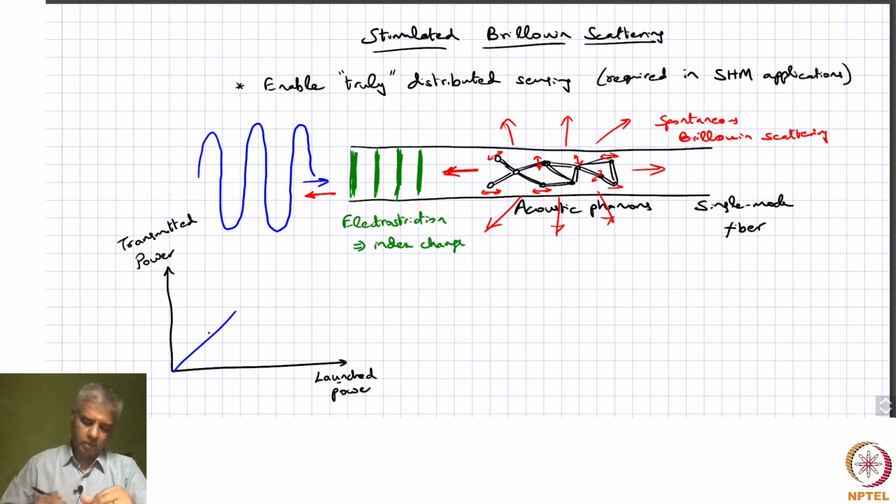However, the problem is that beyond a certain power level, it's going to start saturating. Why?